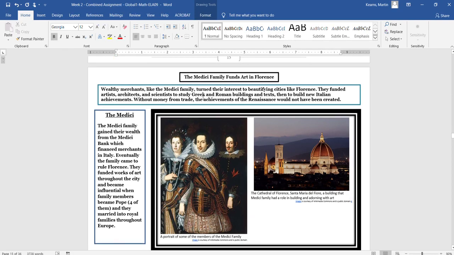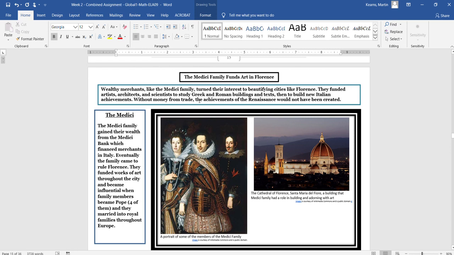Page 16 brings us to the Medici family. The Medici family funds art in Florence. Wealthy merchants, like the Medici family, turned their interest to beautifying cities like Florence. They funded artists, architects, and scientists to study Greek and Roman buildings and texts, then to build new Italian achievements.